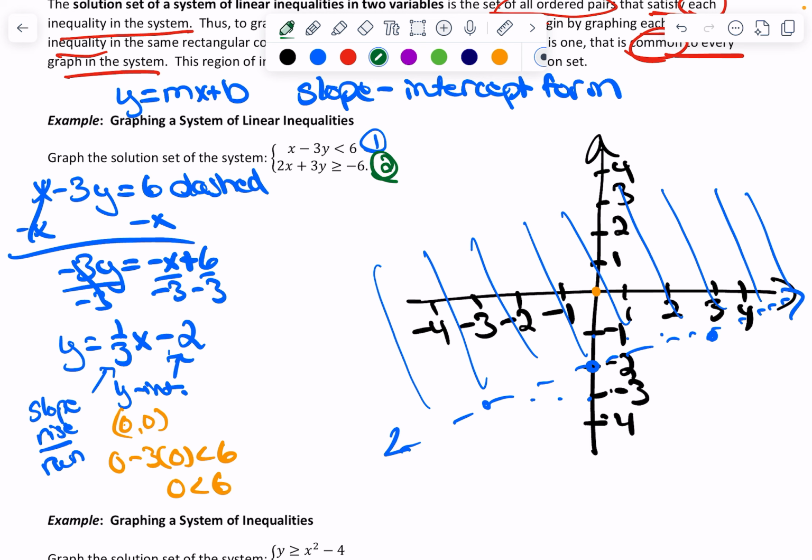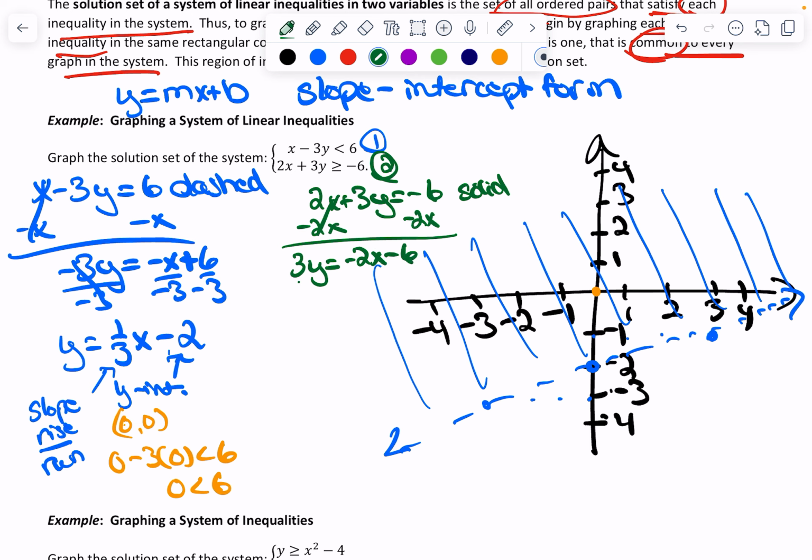Okay, now we're going to take the second equation and do the same thing. 2x plus 3y equals negative 6. This is going to be a solid line. We're subtracting 2x from both sides, so we get 3y equals negative 2x minus 6. Divide by 3, and we get y equals negative 2/3 x minus 2.